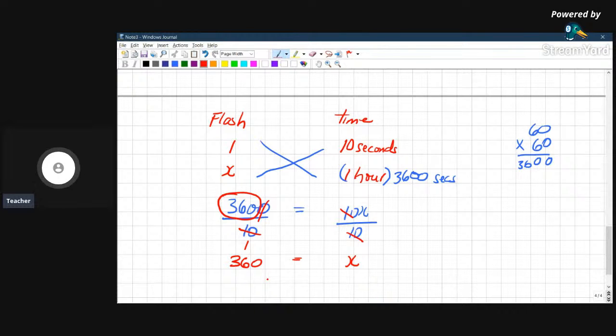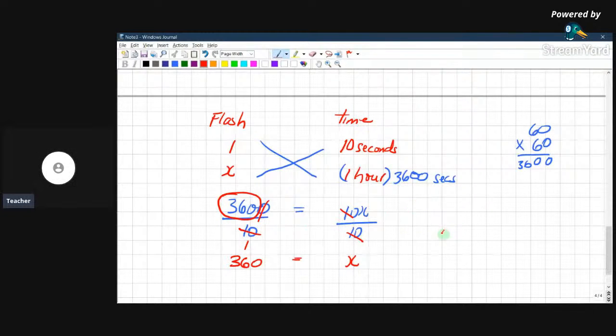So what this is saying is that in 1 hour, this light will flash 360 times. All right. So again, the light in a lighthouse flashes every 10 seconds. How many times does it flash in 1 hour? And the answer is 360.